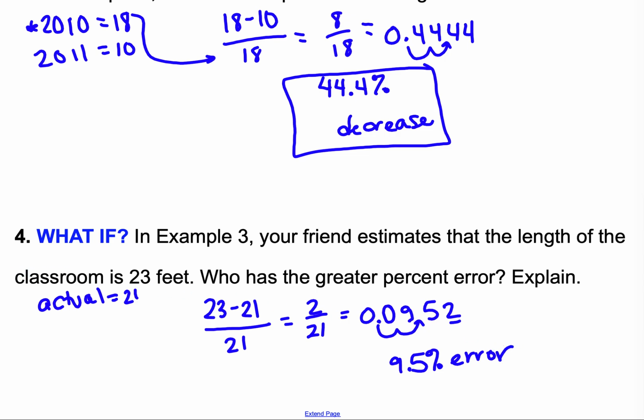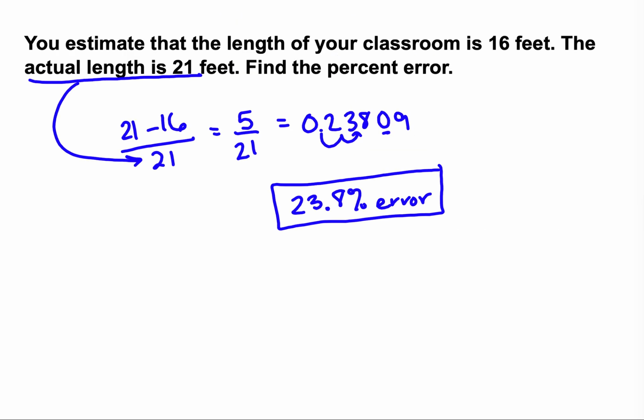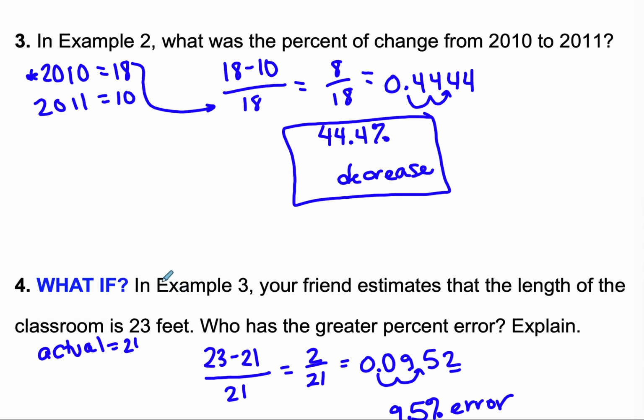Okay, let's see. So who's more accurate? Or no, actually the opposite. Who has a greater percent error? Well, my percent error was 23, and my friend's error was 9.5.